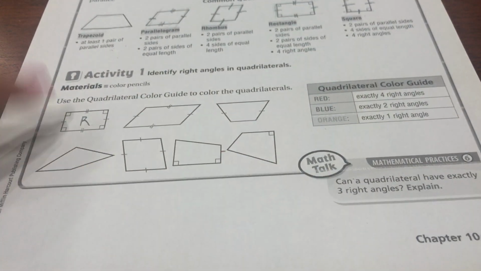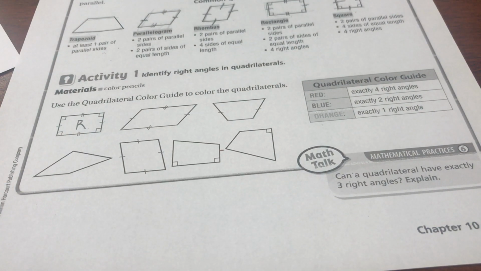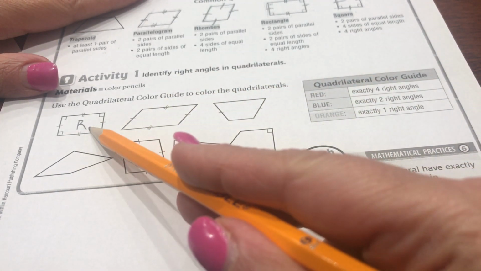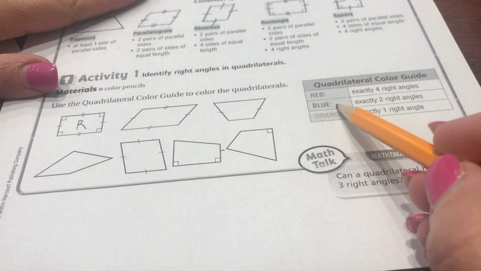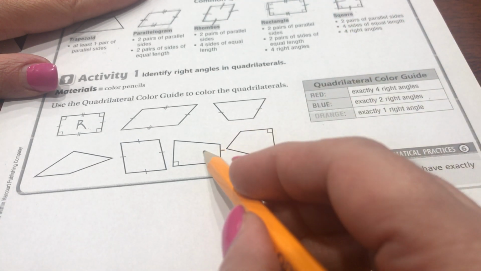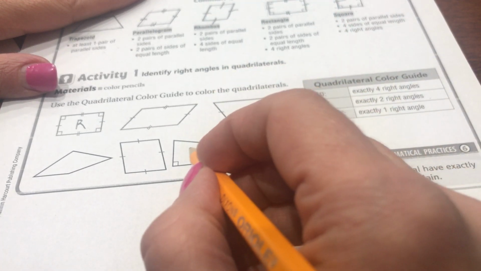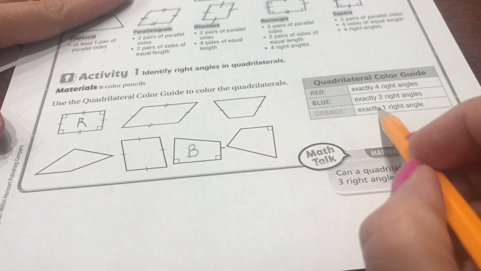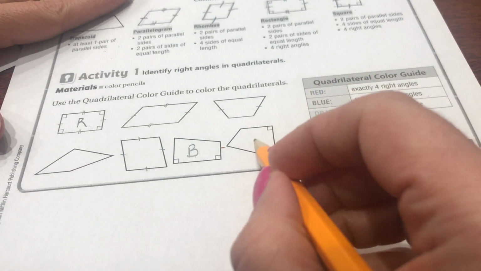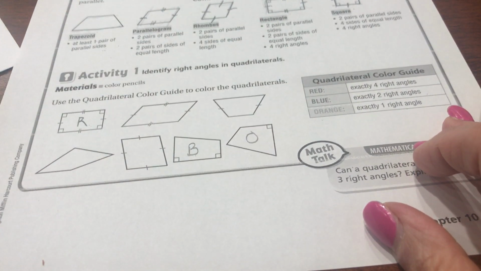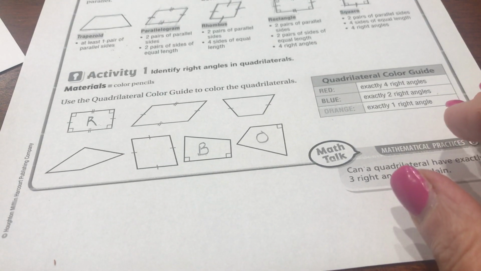So I'm going to put an R in here, and that is the only one that could be classified with four right angles. To have exactly two right angles, well, I see one right here, and that is the only one. And then exactly one right angle, well, there's only one there. So I'm going to put an O in there for orange.